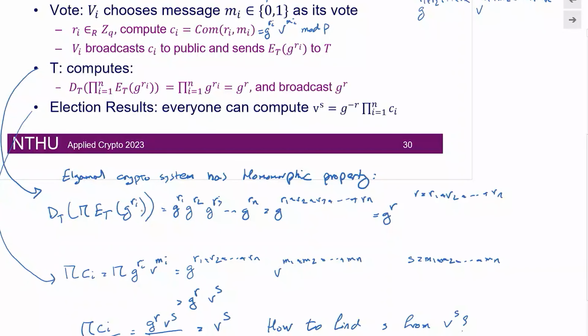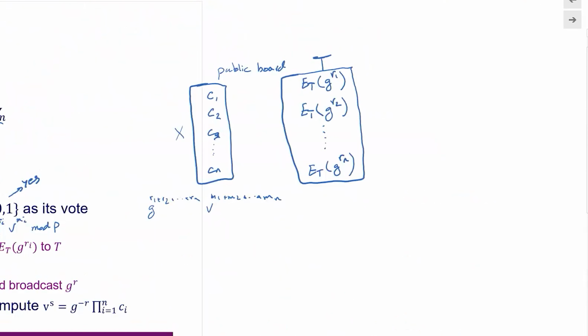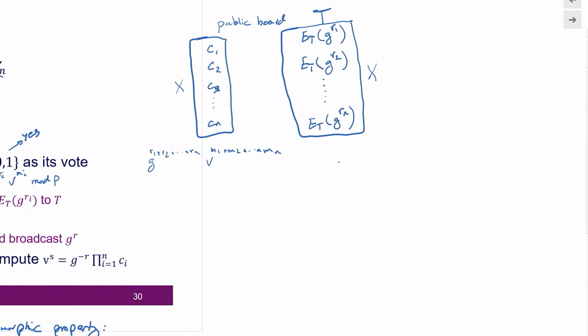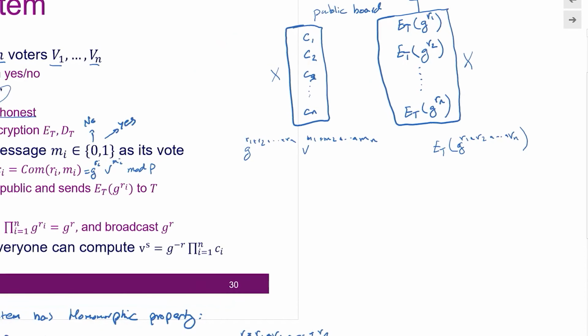We said that ElGamal also has a homomorphic property, which means that if the trusted sender first multiplies these pieces of encryption together, we would get the encryption under T of g to the R1 plus R2 all the way to Rn.